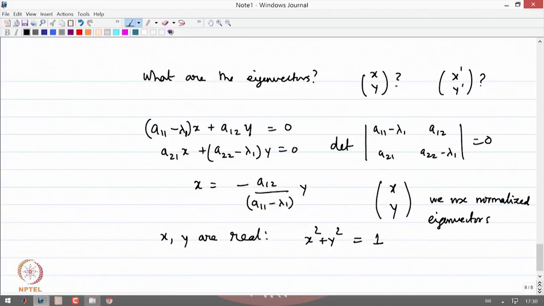No matter what I choose x or y to be, the sum of the squares of x and y is set to 1, and that constant goes away. We will see some numerical examples in the next session. This requirement that the eigenfunctions be normalized removes the indeterminacy of one of the variables, x or y.